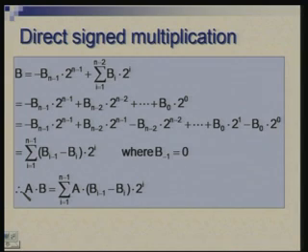So, direct sign multiplication is basically a multiplied by this expression, but I work on this expression a little bit more to get to a convenient form.